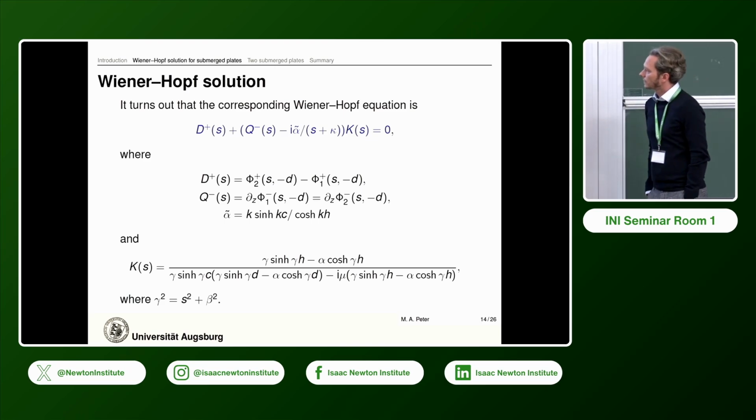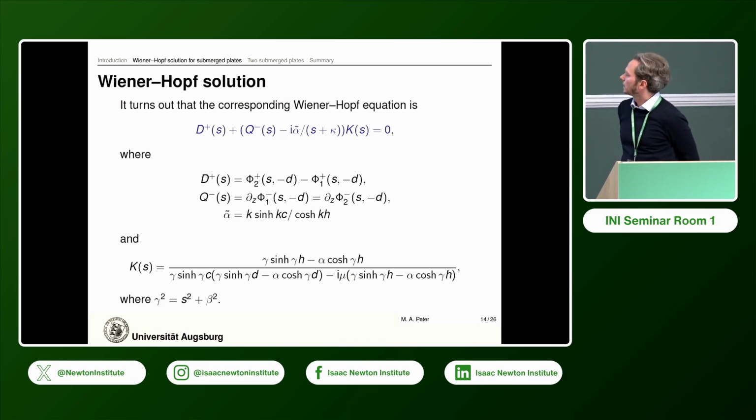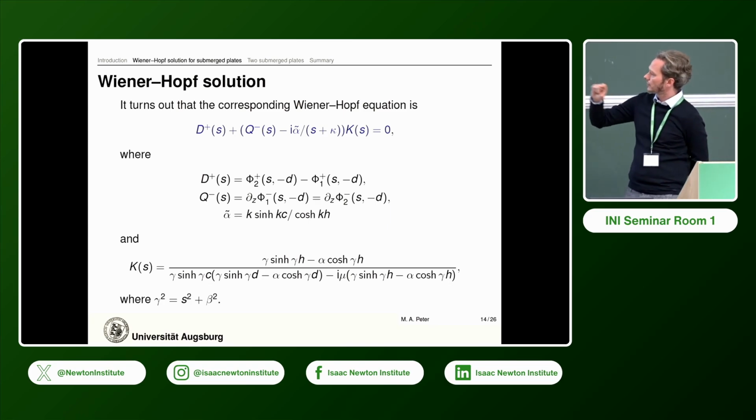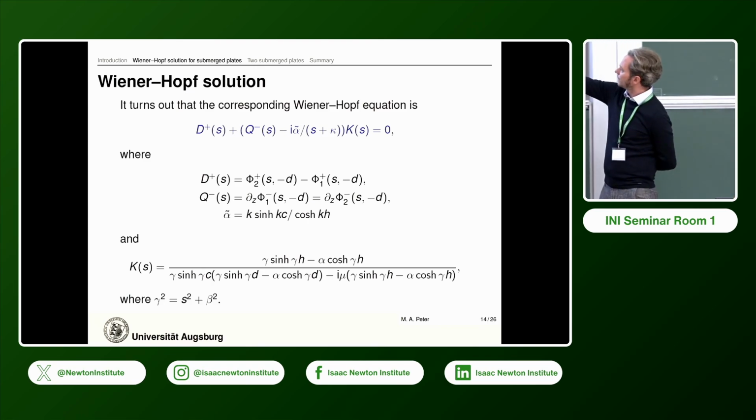If you look at this very closely, what you see is that in the numerator you have the open water dispersion relation for the whole depth, and in the denominator you have a product of the dispersion relation underneath the plate and above the plate, and then you have this imaginary part here where the porosity parameter comes in.